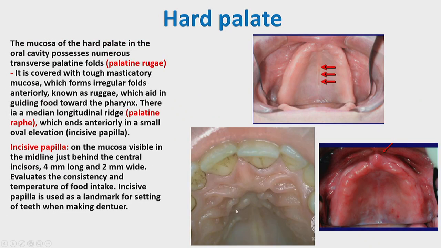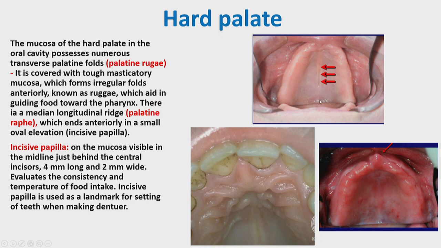Regarding the hard palate, we have some transverse folds in various numbers. These are called palatine rugae, and their function is the passage, or guiding, of the food toward the pharynx.